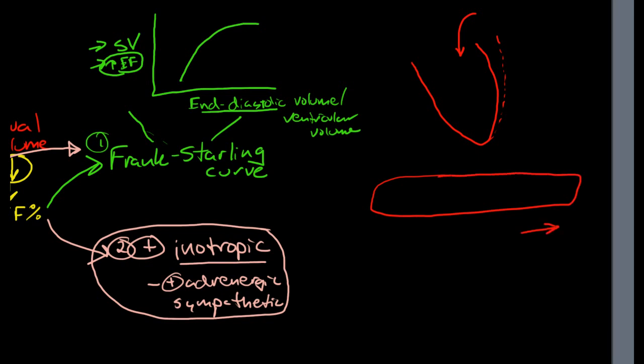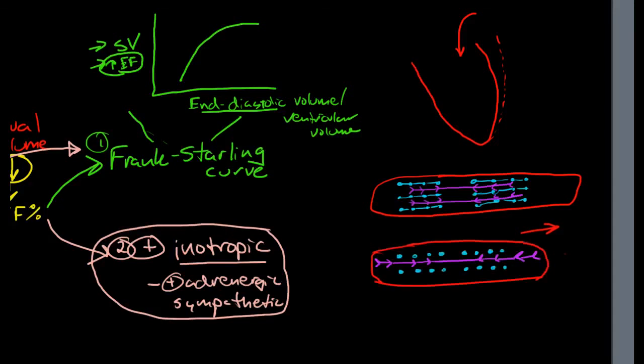And if you look inside at the muscle fibers, what you have is you have actin fibers here in blue, and then in between each of the actin fibers you have some myosin fibers here.